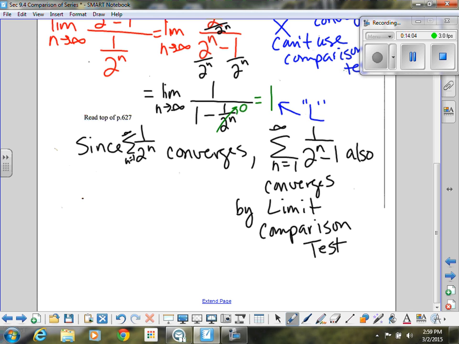Okay, so make sure to read the top of page 627. It shows you that the limit comparison test is really good for those messy kinds of series, and we can compare it to the p-series. They give you some good examples and a good strategy for doing that. So we've got 2 more tests that we can use in order to determine whether a series converges or diverges.